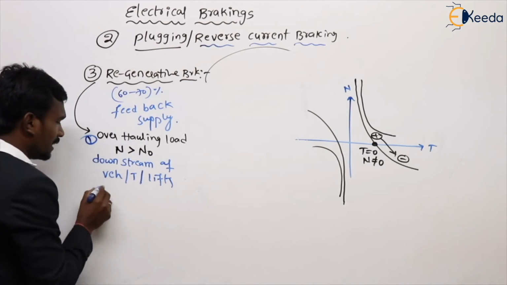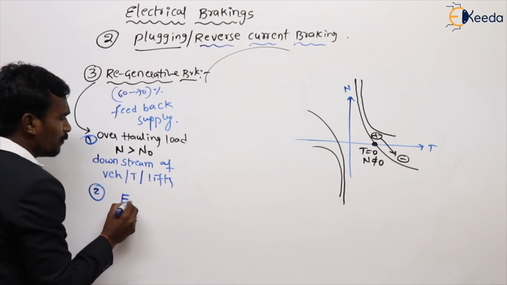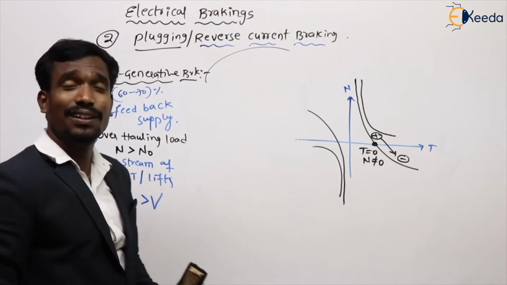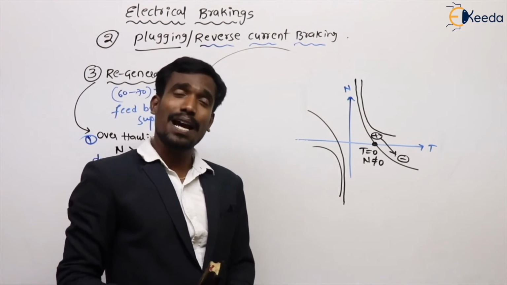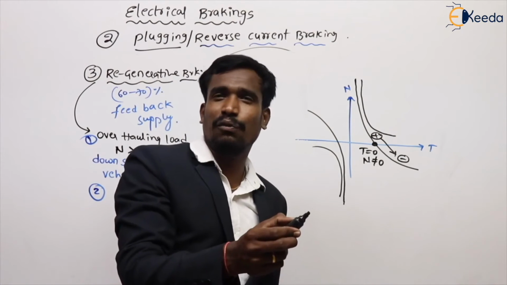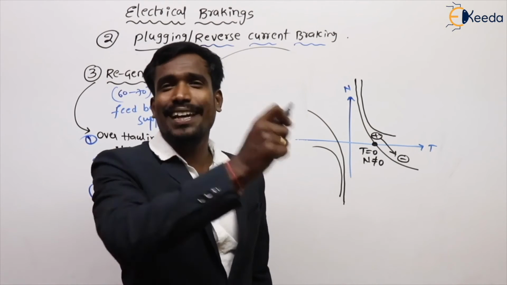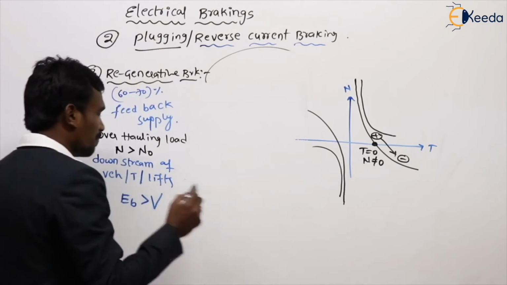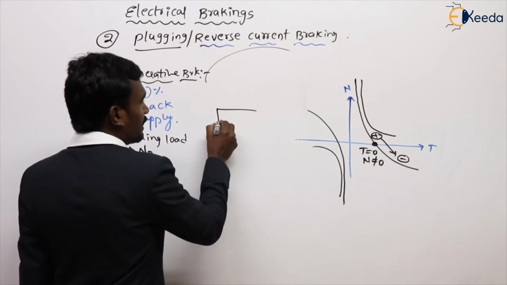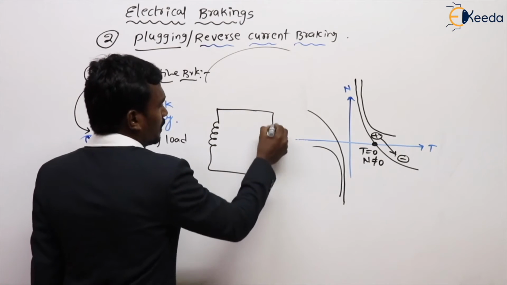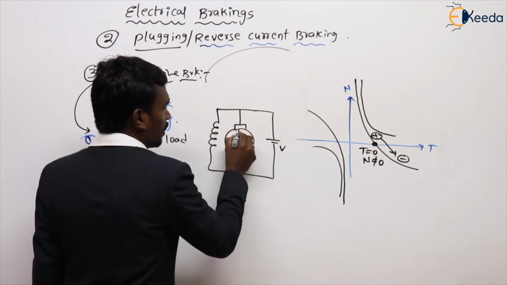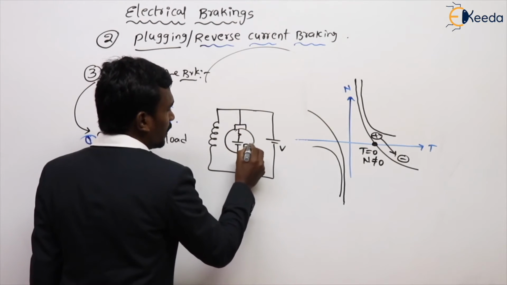And what is the second condition? The back EMF of the motor should be greater than the supply voltage. This is a difficult thing, right? Generally, back EMF is always less than the supply. That's why in a motor, current flows from the supply to the armature. That's why it is a motor. But what I am saying here is that the back EMF is greater than V. See, for example, I am taking a shunt motor. For example, this is my shunt motor, actually V, and this is our armature, which has the back EMF here.